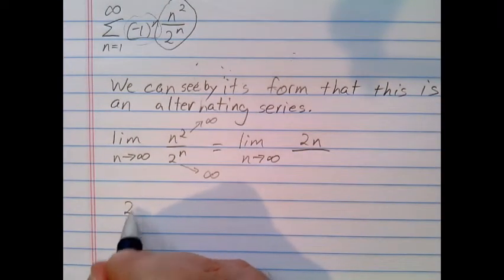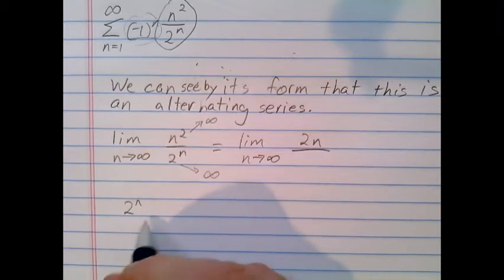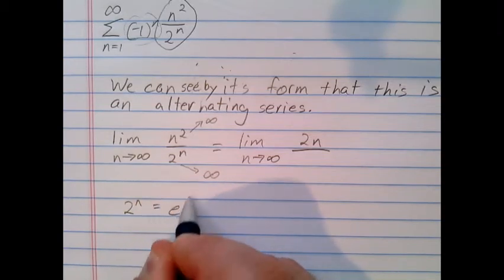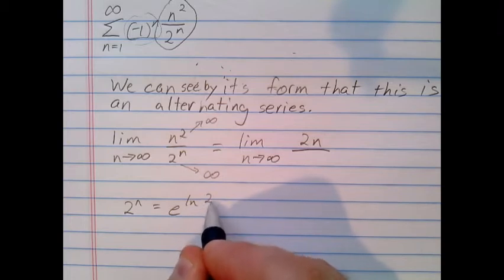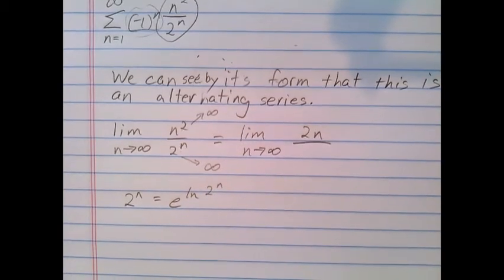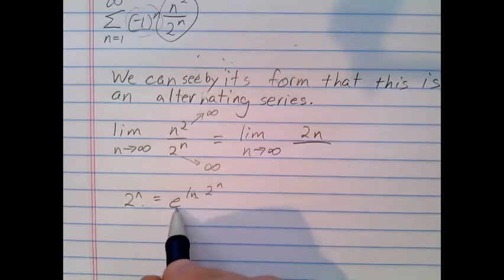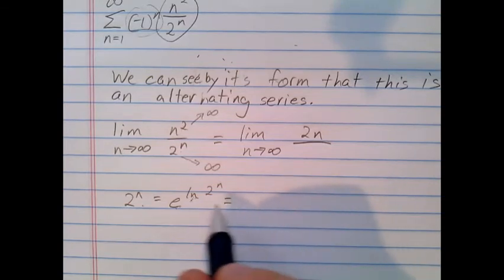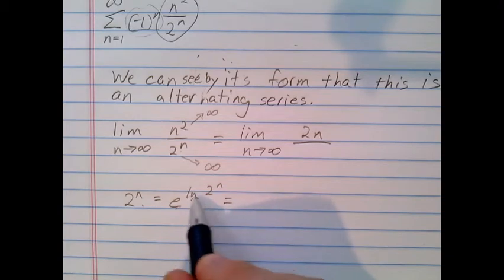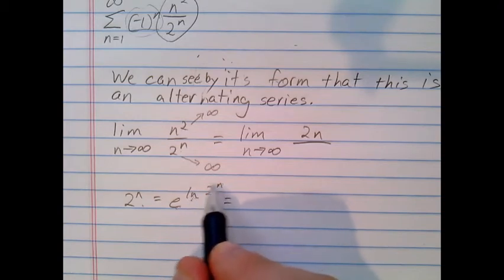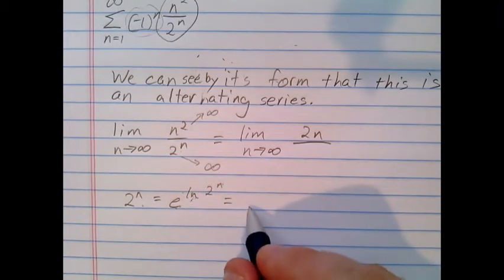Okay, if I have 2 to the n, I can rewrite that as e to the natural log of 2 to the n. Okay, because e to the natural log of anything equals that thing. These are inverse functions. But then I can use one of the rules of natural logs to say, if I've got a natural log of something to a power, I can bring that power down in front of the natural log.